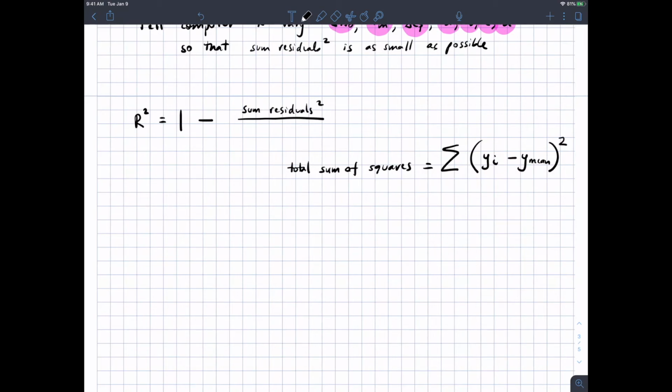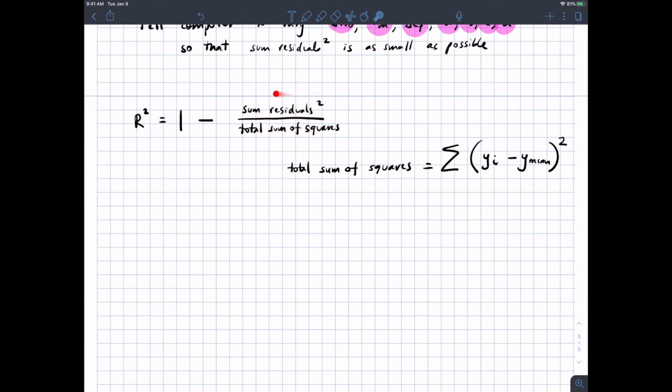Okay, so you're going to take the sum of the square residuals divided by total sum of squares, and of course the total sum of squares is going to be how much variability there is in your data.